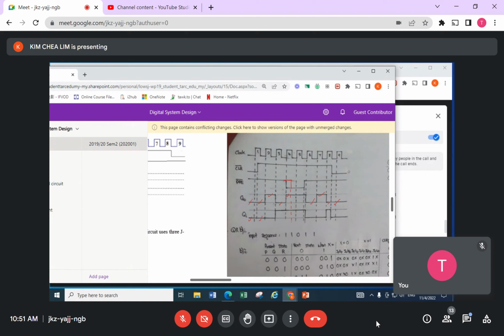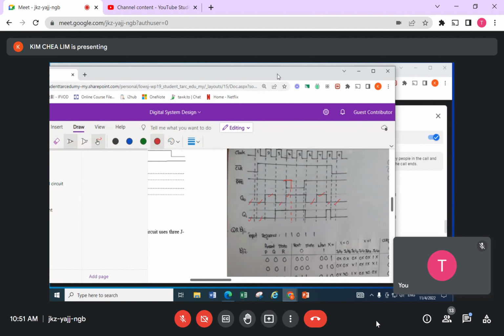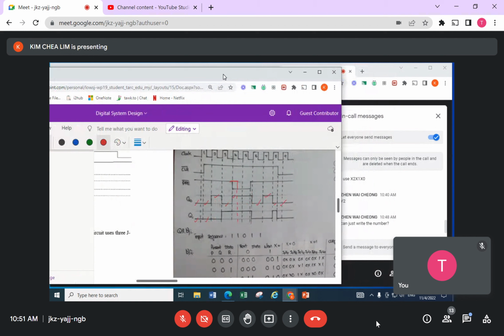Now, during exam time, if you are given a waveform, please trace the waveform. The answer booklet given to you is quite thin. You can put it on the question paper and trace it. Copy from the question paper, the clock conditions.